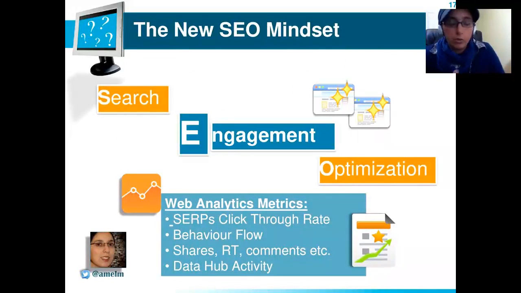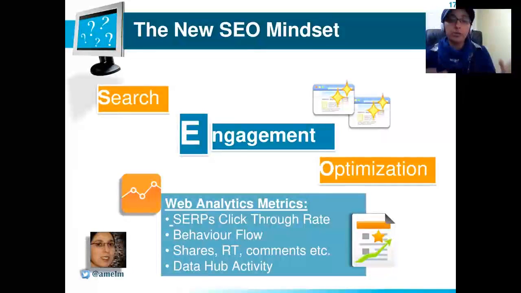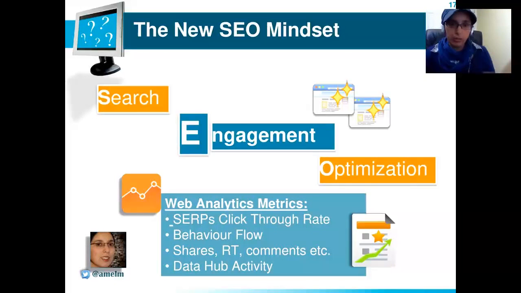The third E is search engagement optimization. If you look at it from the web analytics perspective and the data that explain why it's important, we talk about this metric, the SERP click-through rate, so the search engine result pages, or SERPs, click-through rate.